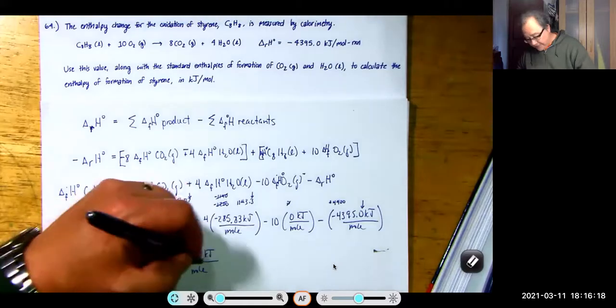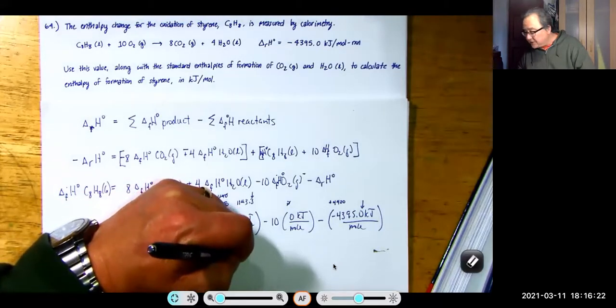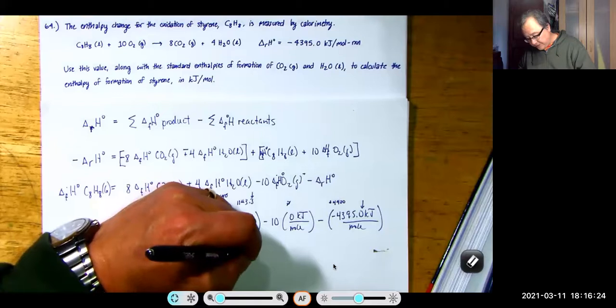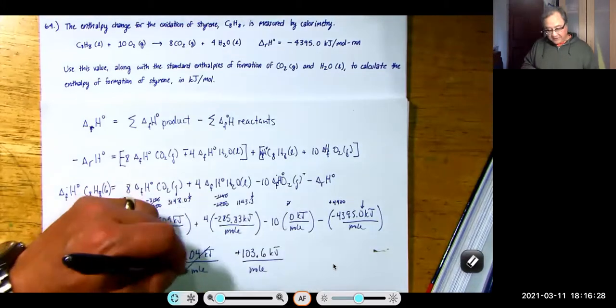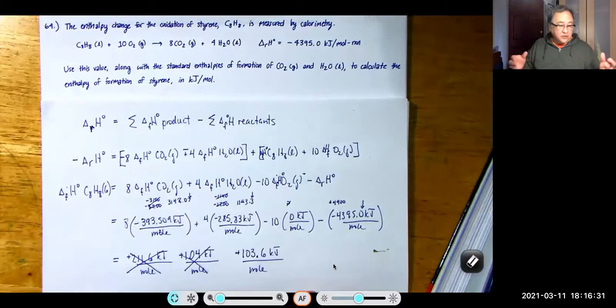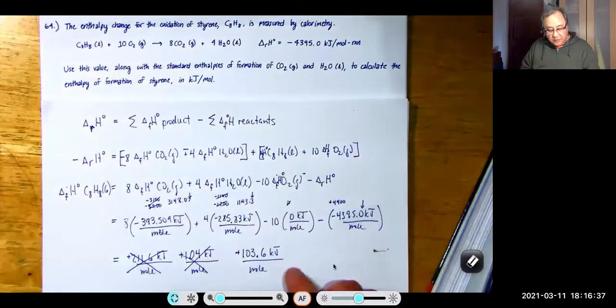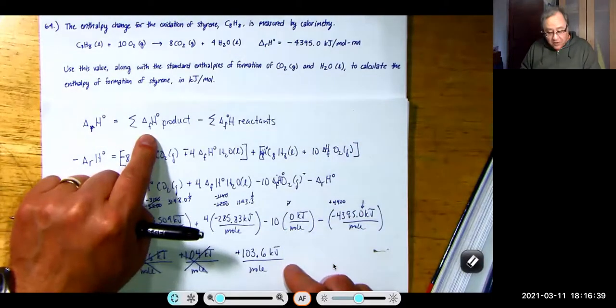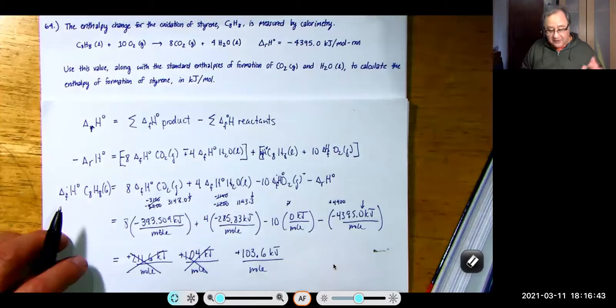So I actually get minus or positive 103.6 kilojoules per mole with the correct number of significant figures. So that's how you do a problem like that. It all starts with this equation right here, and understanding that when you do the enthalpy of formation of the products, you have to take into account the moles of reactants and products.